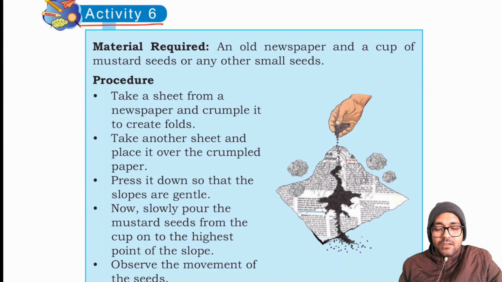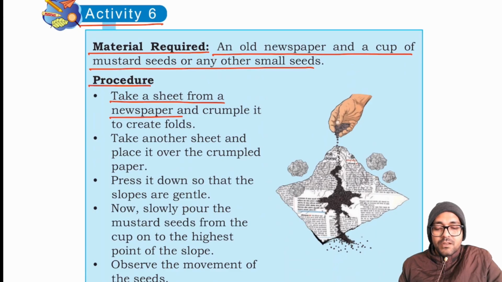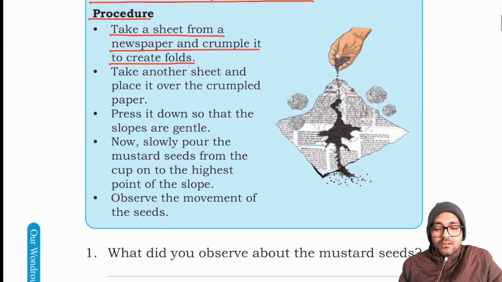Activity 6. Material required: an old newspaper and a cup of mustard seeds or any other small seeds. Procedure: take a sheet from a newspaper and crumple it to create folds. Take another sheet and place it over the crumpled paper.